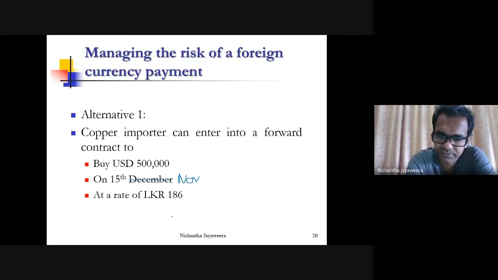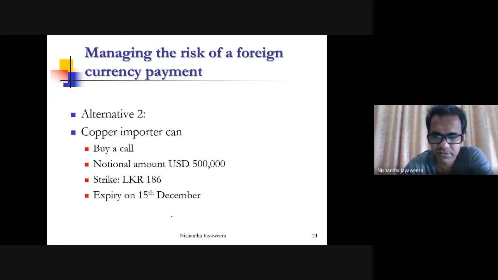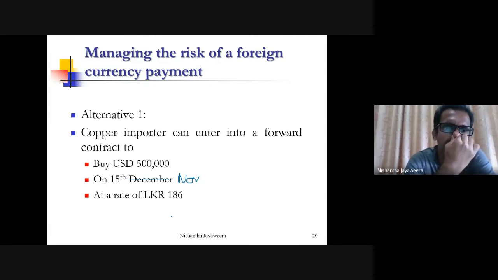Then on 15th of November, what do you do? As the importer, what do you do on 15th November?